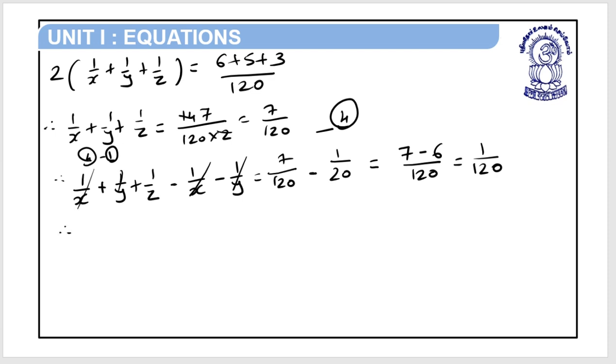So 1 upon z is equal to 1 upon 120. So z is equal to 120.